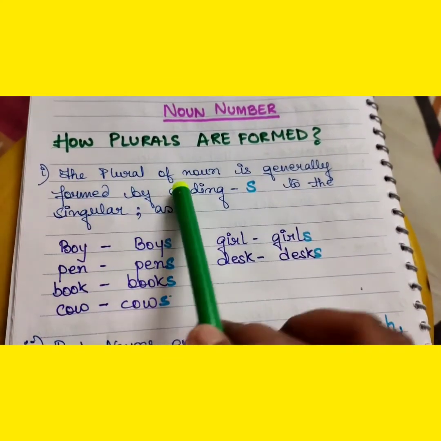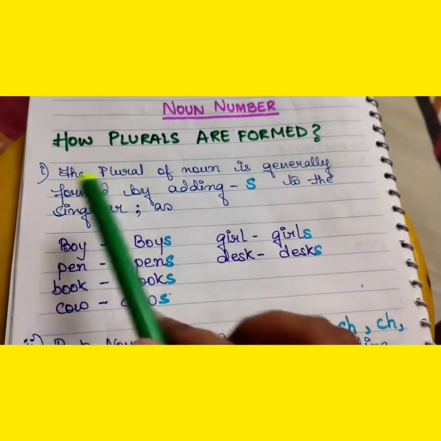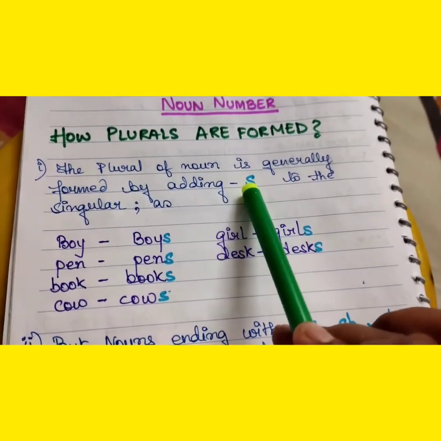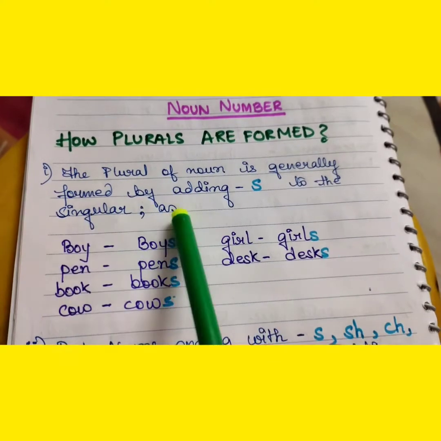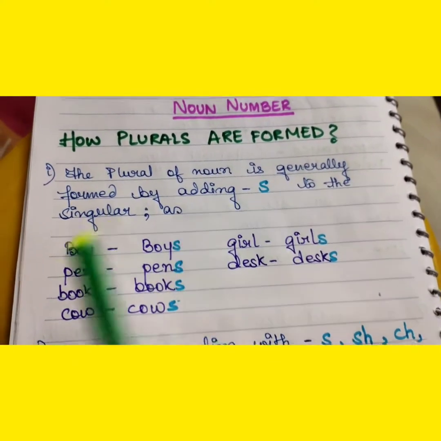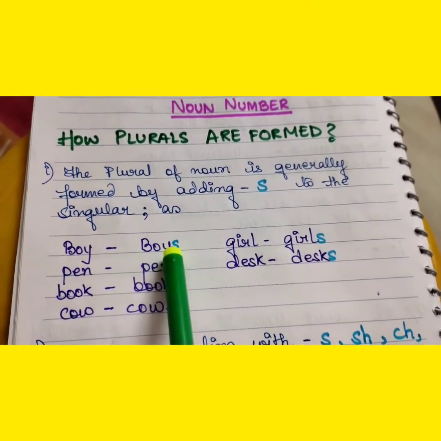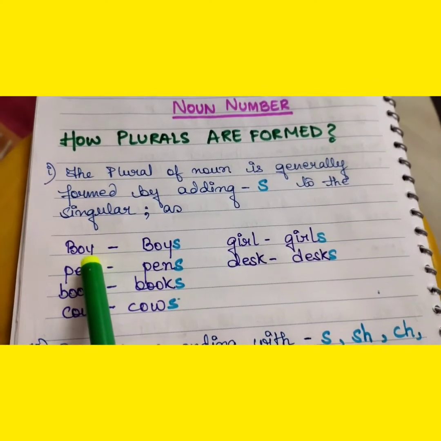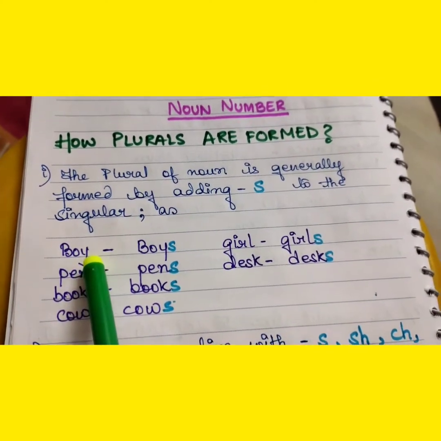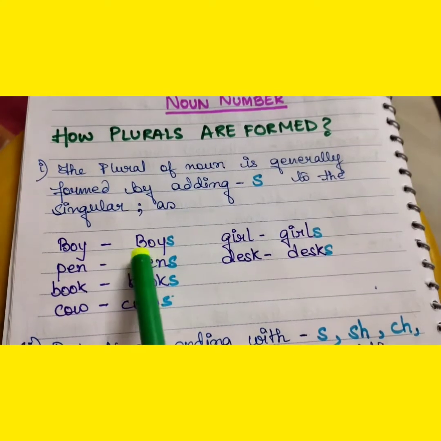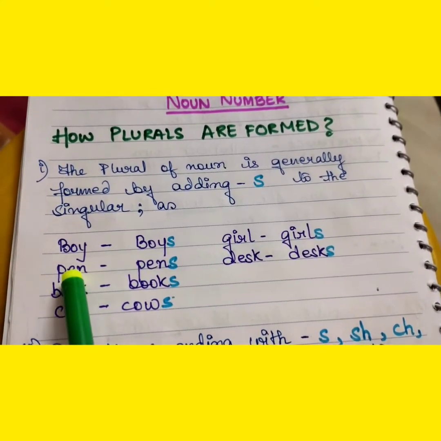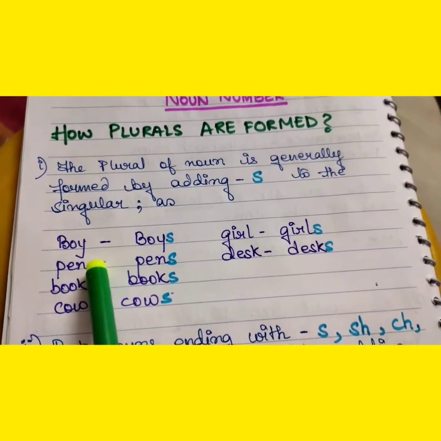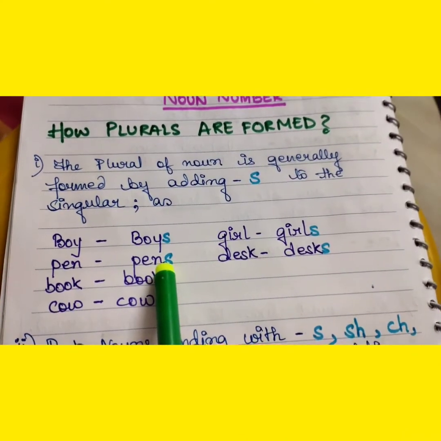The plural of a noun is generally formed by adding s to the singular, as boy becomes boys. Along with the y, the s is getting added, so that's why it is becoming boys. Along with the pen, s is getting added, that is becoming pens.